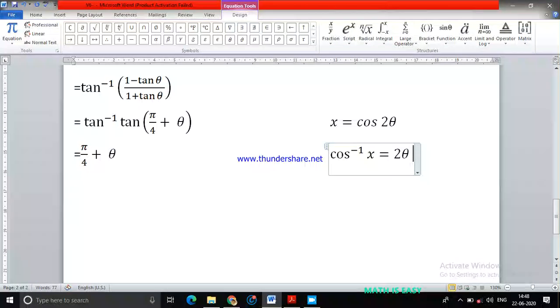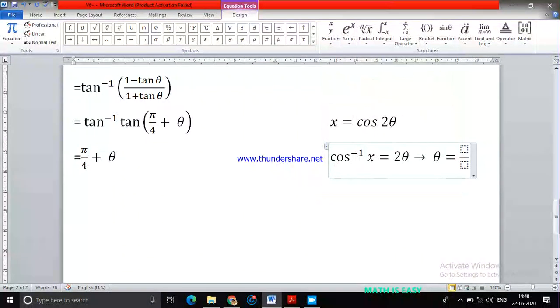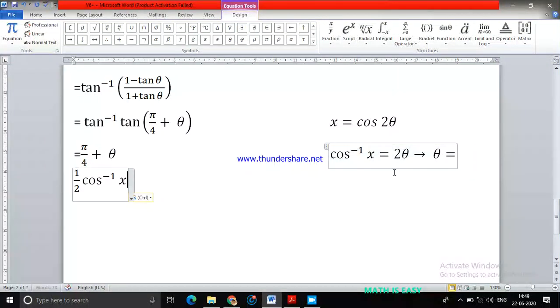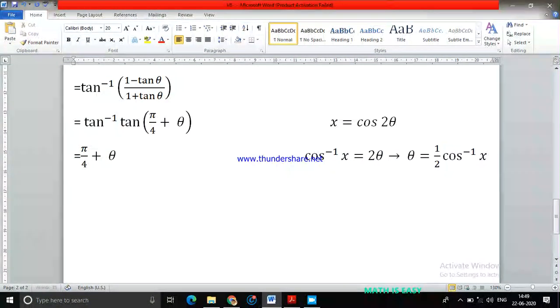That implies, if you want the theta value, what do you get? Theta equals half cos inverse x. This will be 1 by 2, because 2 theta is there, and if I want theta, the 2 comes to the other side. So the theta value we got is half cos inverse x.